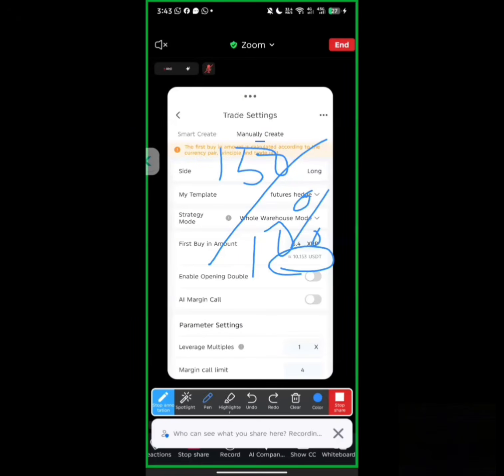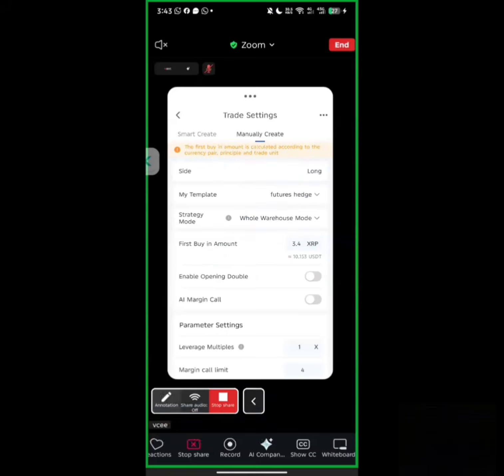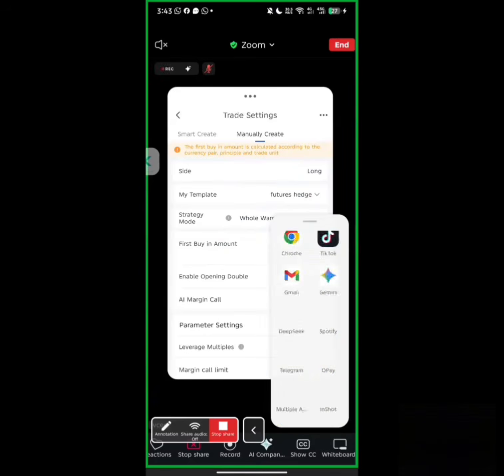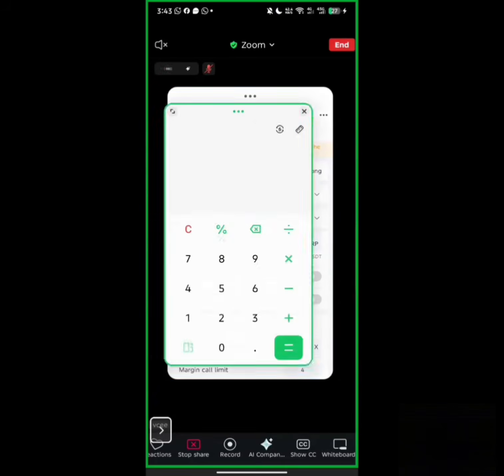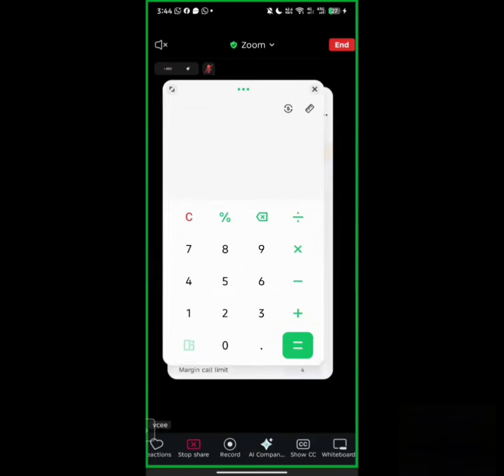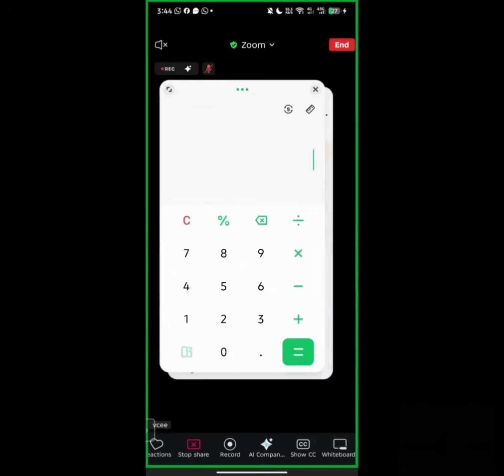Some people don't know how to do these maths. I've realized many people don't understand how to get their percentages. See, this is it. Let me show you very easily here. To get your percentages, what do you do? You just say $150. That is your total capital. $150 multiplied by what? It is very simple.